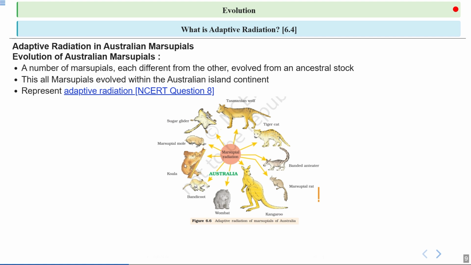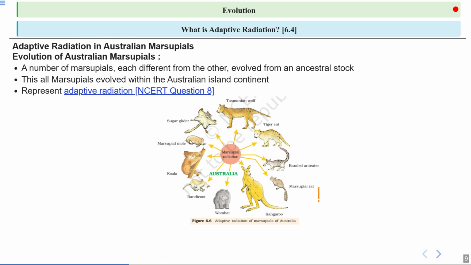Here you can see there was a common ancestor, which was a marsupial, and a number of different marsupial species diversified from this common ancestor. This is showing you adaptive radiation. All these different species of marsupials adapted to their own environment.